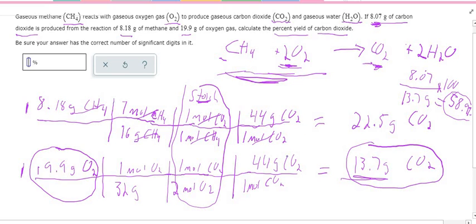And then finally we'll get that back out to grams. This is the theoretical yield. Percent yield is the actual, which came from our problem up here, divided by our calculated theoretical yield. And then multiply that by 100. That is how you do a limiting reagent problem as well as a percent yield problem.